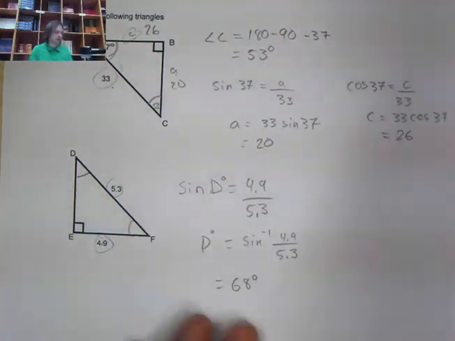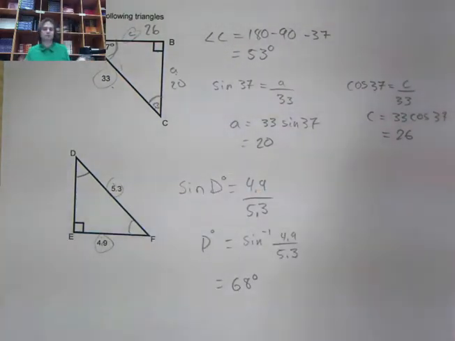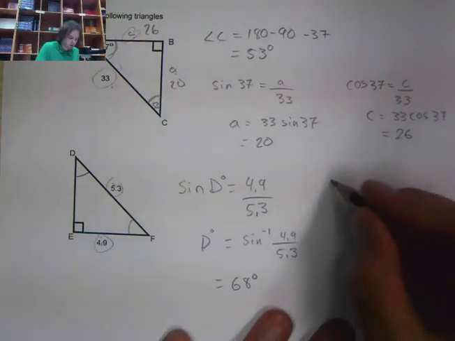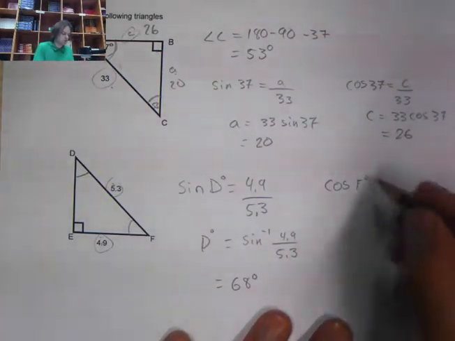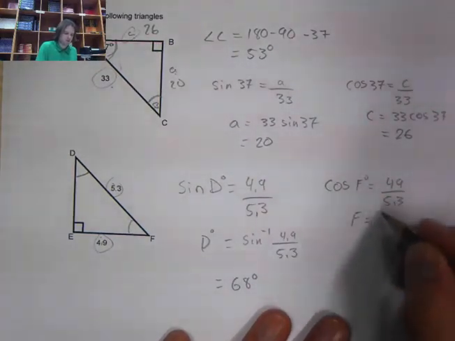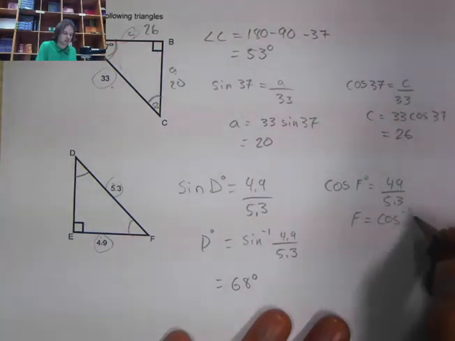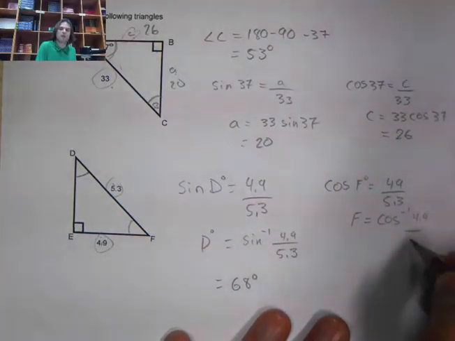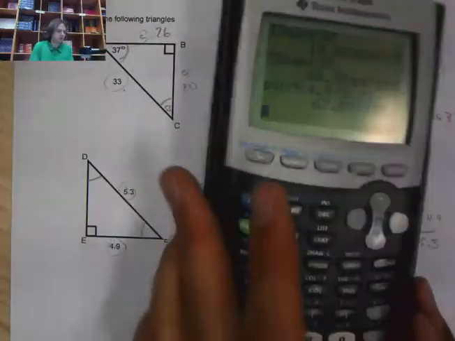Now, let's take a look at F. Can we find F? So F, I know the adjacent and my hypotenuse. So I'm going to go cosine of F is equal to 4.9 divided by 5.3. So F is equal to the inverse of cosine 4.9 divided by 5.3. Okay? So let's plug that into my calculator.